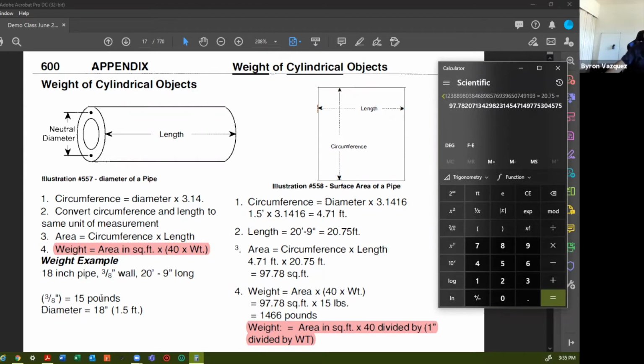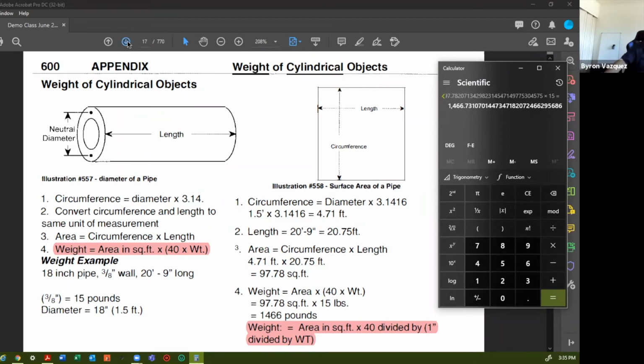And so because they've already given us this 15 pounds, they've solved what's in these brackets for both formulas. And so we could simply multiply by 15 pounds. And I've shown you how to get that 15 pounds. And so we've calculated our pipe to be 1,466 pounds. So now that we know how to calculate load, we'll continue.